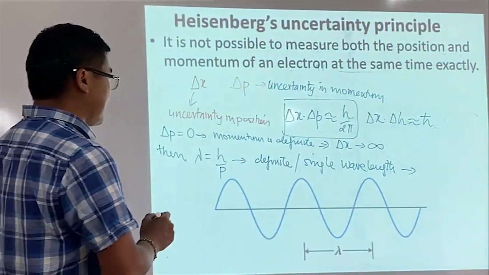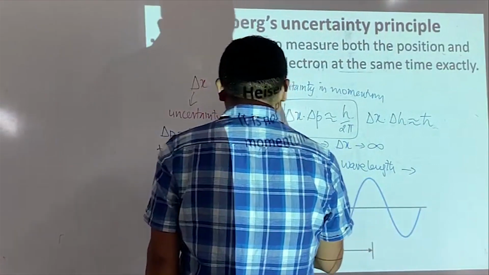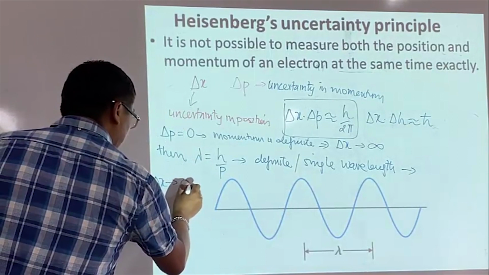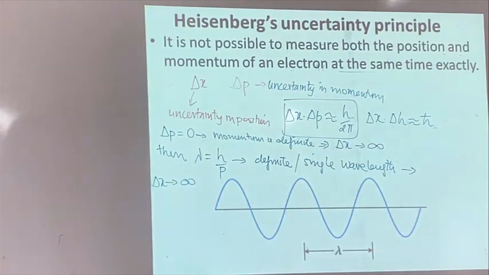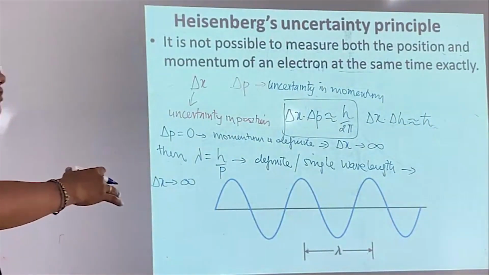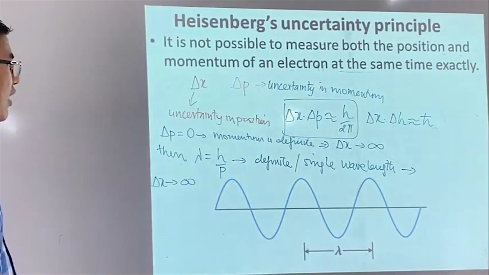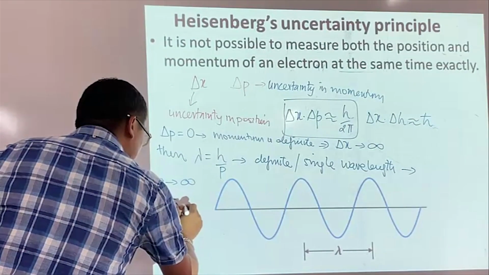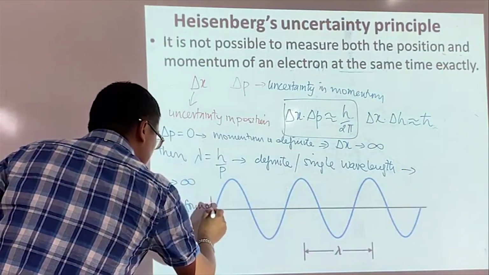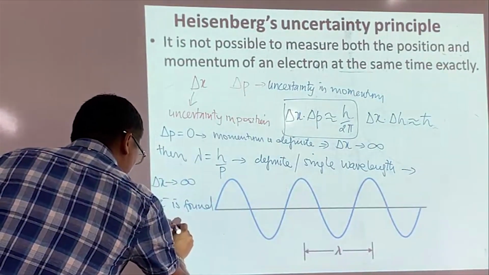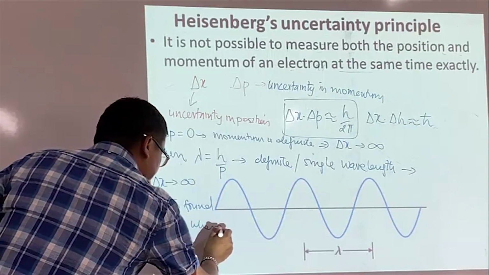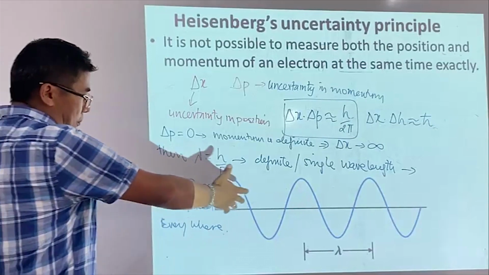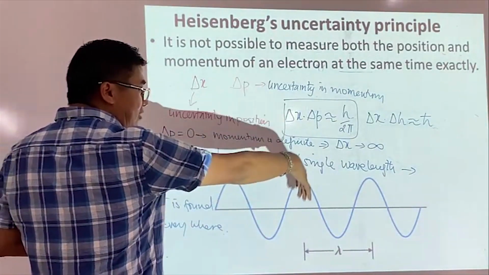Since delta x tends to infinity, you say that the electron is found everywhere, right? So you will have a single wavelength.